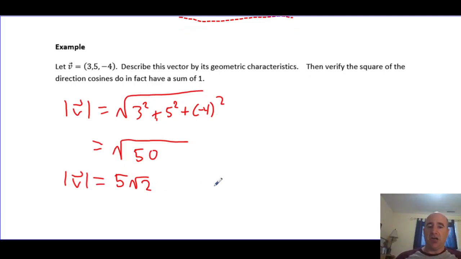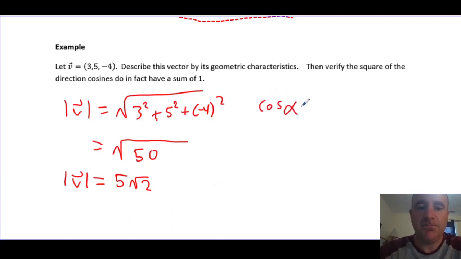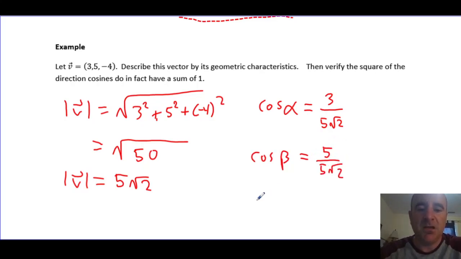And we can also talk about direction. The cosine of alpha is equal to 3 divided by 5 root 2. The cosine of beta is equal to 5 divided by 5 root 2. And the cosine of gamma is equal to negative 4 over 5 root 2.